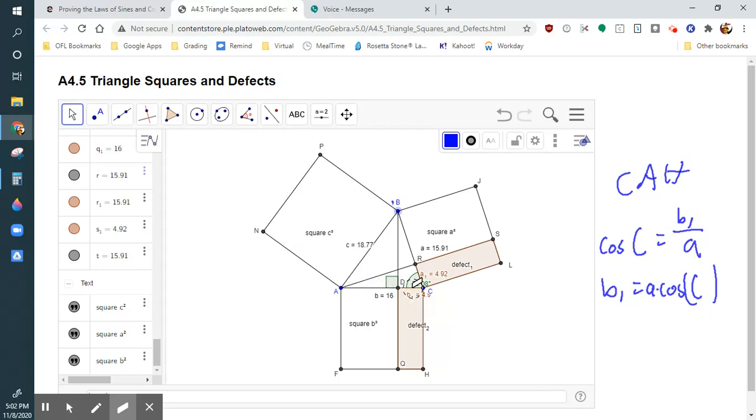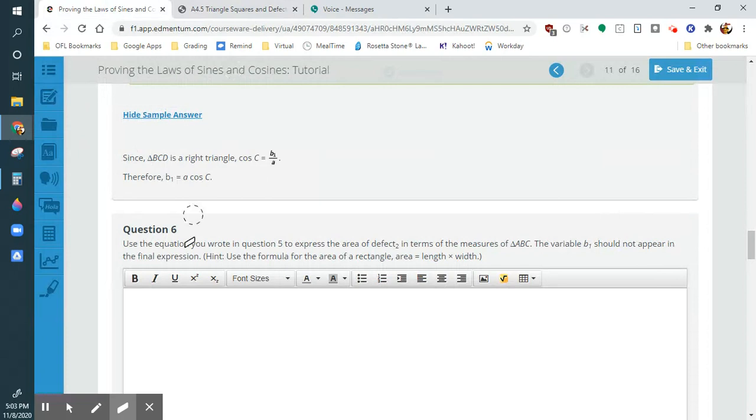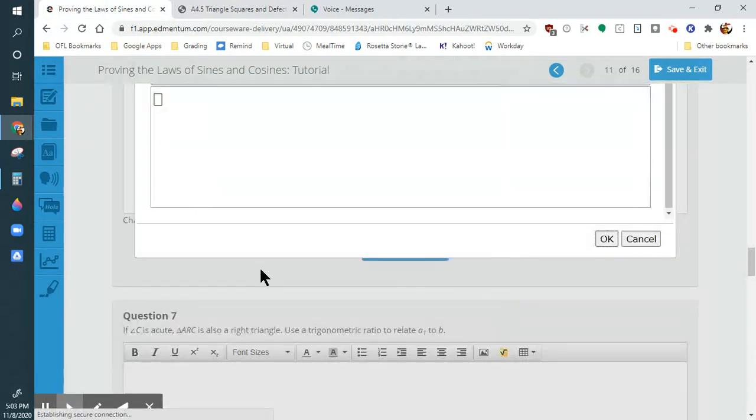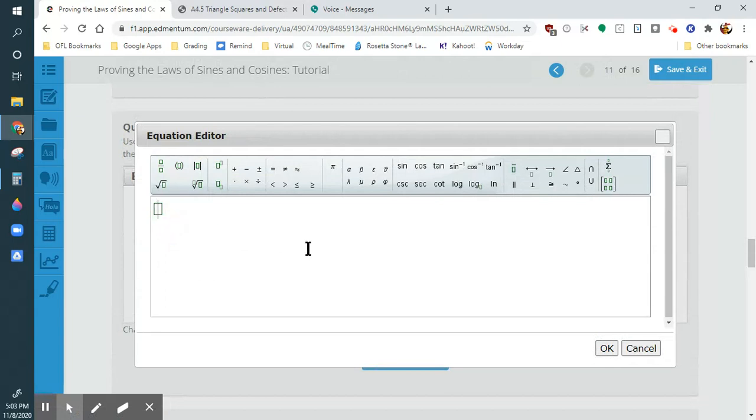So if we're doing it that way, we want this side B right here. So we're going to do B. So let me replace this in. So the area of that is simply going to be B times B.